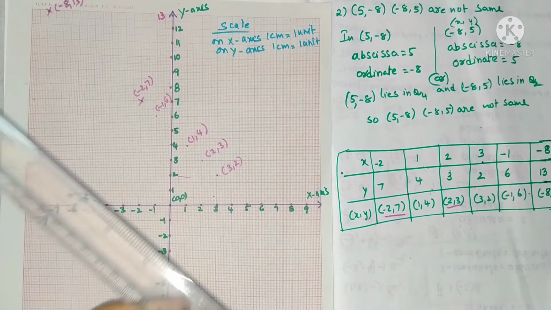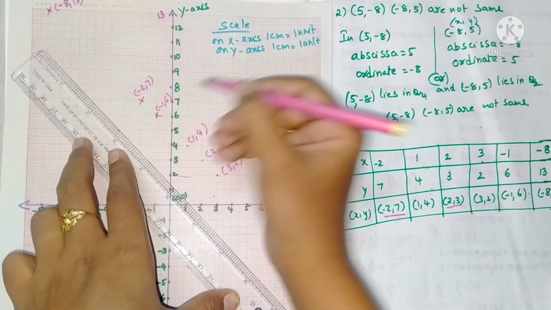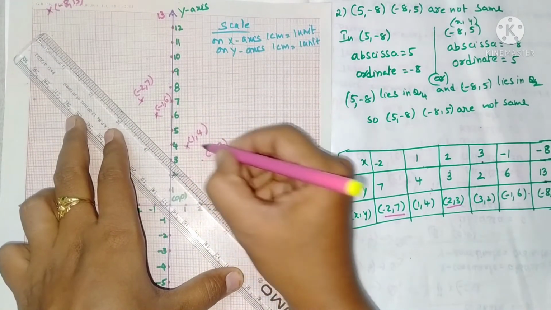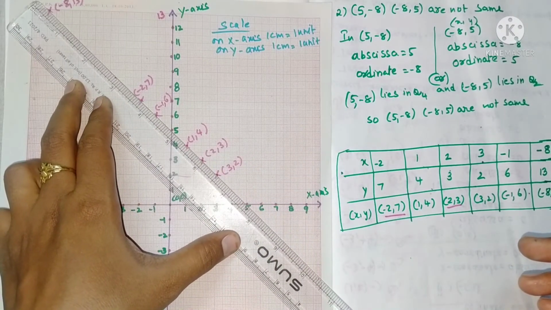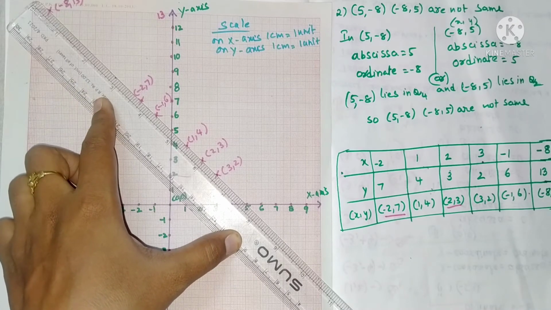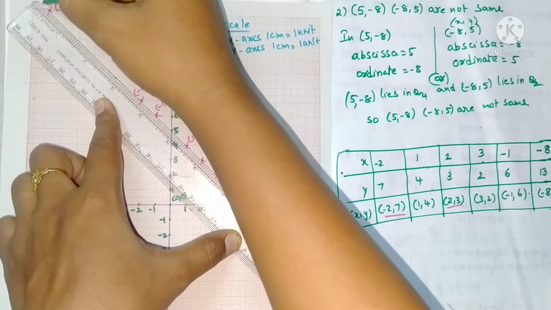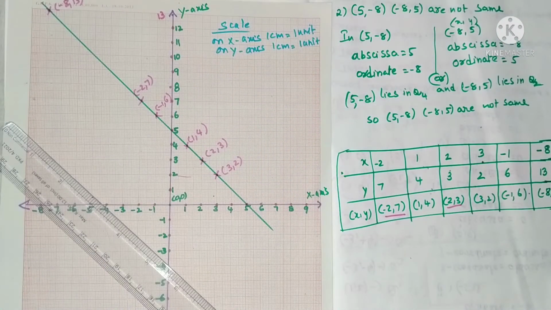Okay. Now if we join all these points by using the scale, we'll get a straight line. Like this. Okay.